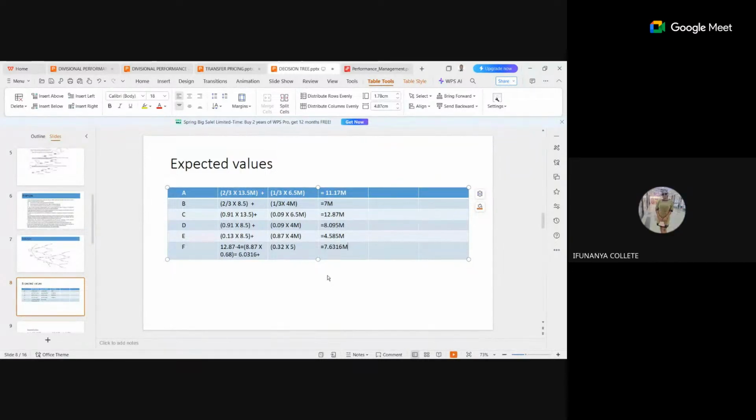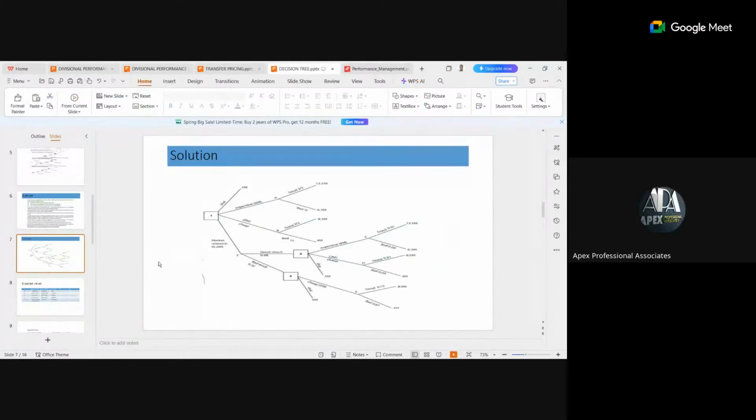Good. So now, coming back to this number 1, the expected value with shutdown is 5 million.